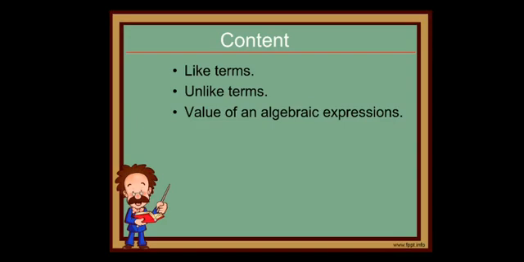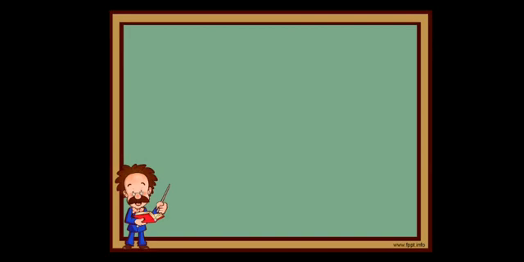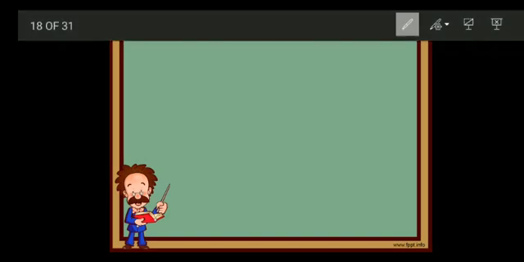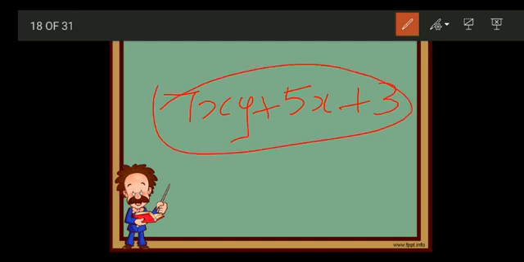Okay. So first, let us take an algebraic expression. 7xy plus 5x plus 3. Here, this is an algebraic expression. Why? Constants and variables are combined together with mathematical operations.